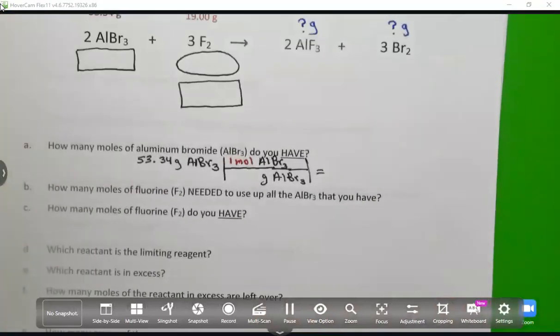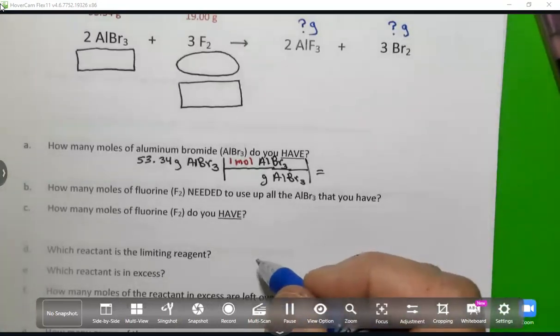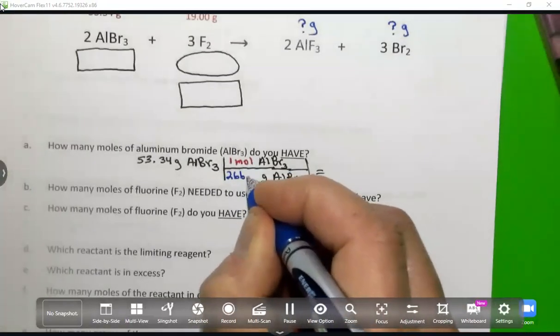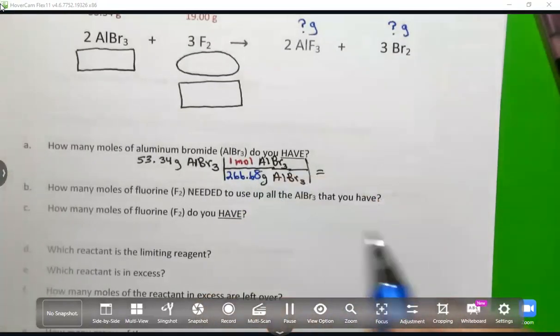So 1 aluminum and then 3 bromine gets us 266.68.